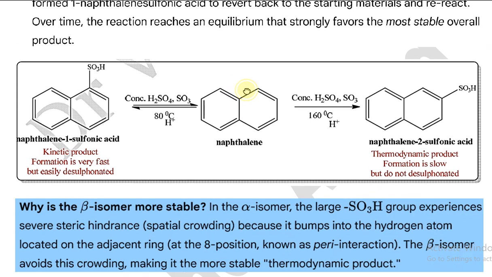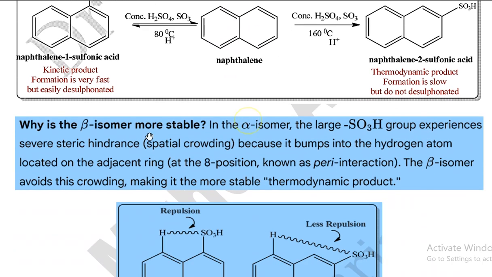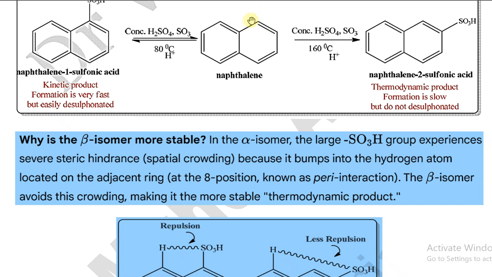So why is the beta isomer more stable? In the alpha isomer, the large SO3H group has steric hindrance, because it is near this area here. It causes steric crowding because it bumps into the hydrogen atom located on the adjacent ring, at the 8 position.